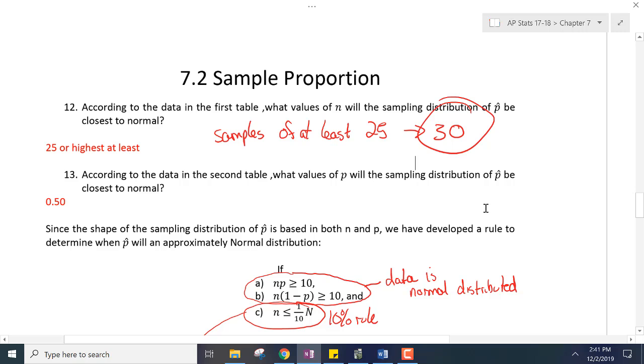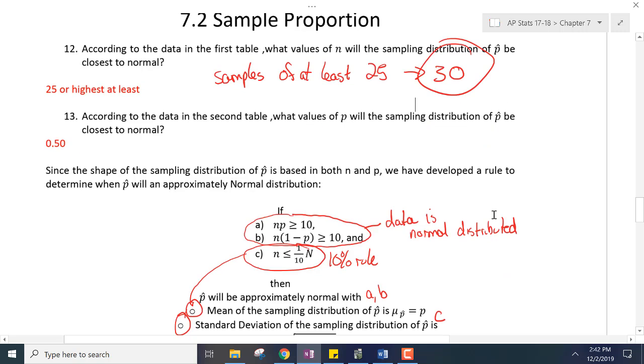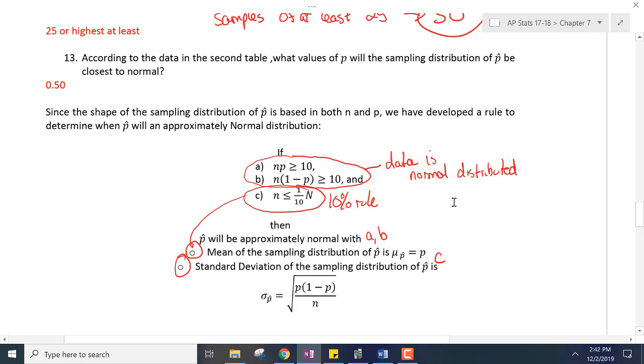Since the shape of the sampling distribution of p-hat is based on both sample size and the probability, we developed a rule to determine when p-hat will have an approximate normal distribution. All right. If n times p, where n is the sample size and p is probability, we can use these formulas.